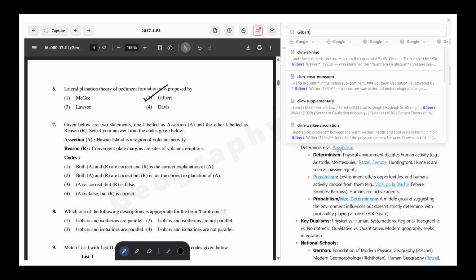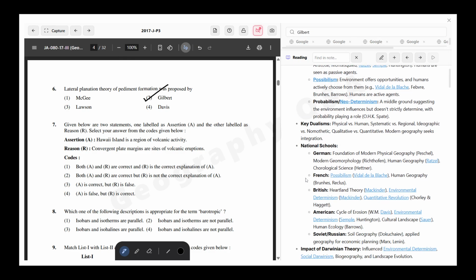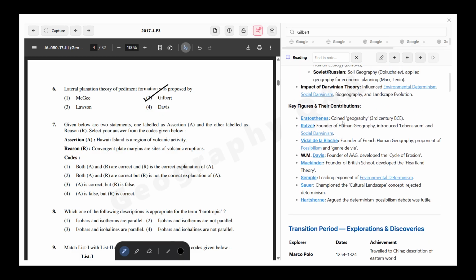Question: geographical thought. Let's talk about the geographical thought. Possibilism, environmental determinism, possibilism. The Greek geographer Eratosthenes coined the term geography in the 3rd century BC. Paul Vidal de la Blache, founder of French human geography.